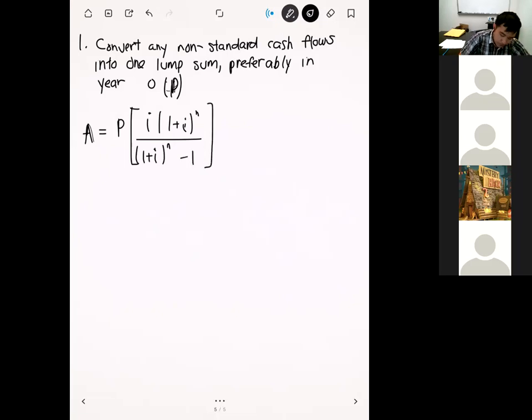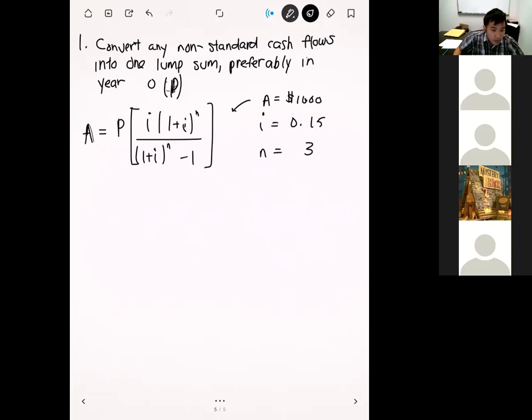We know what to plug in for most of these. A is $1,000, because that's how much we're getting paid each period. i is 0.15 for our 15% interest. And n is 3, because our uniform series takes place over three periods.